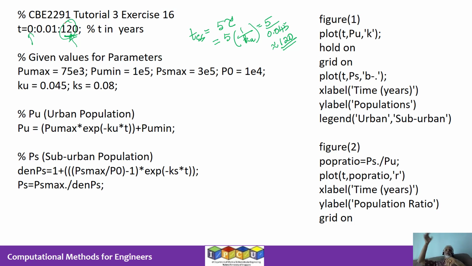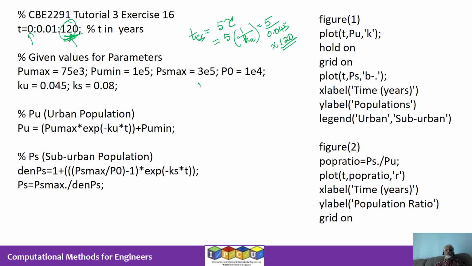If it is still going up or still coming down, it has not flattened out, then you increase from 10 to, let's say, 40. Repeat the process until the two curves for PS and PU flatten out. That is some way in which you can arrive at this higher number. So time is 0 in steps of 0.01 years till 120.